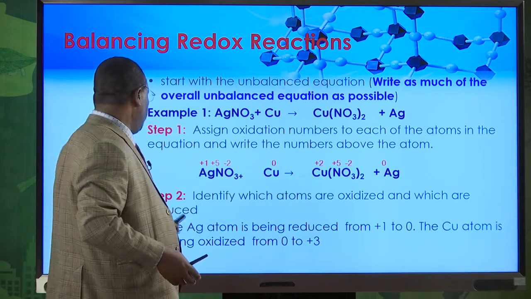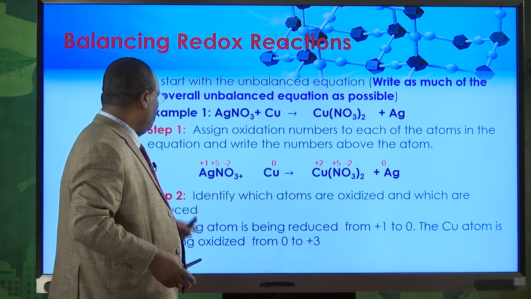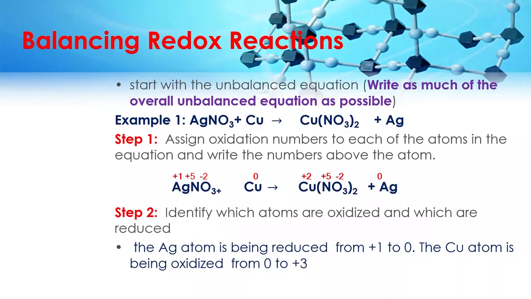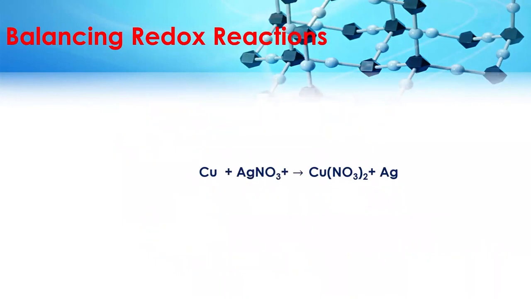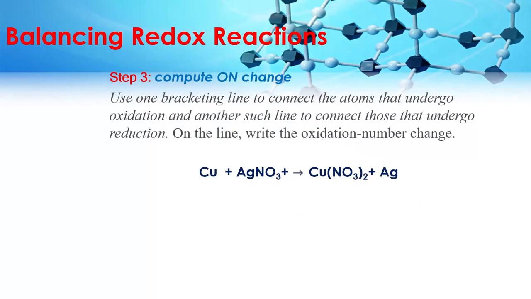The copper atom is being oxidized from 0 to +2, not +3, +2. It is oxidized to +2. And now we have identified the species that are oxidized and reduced.